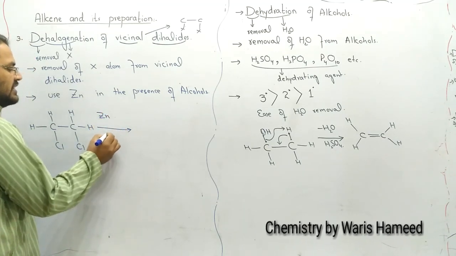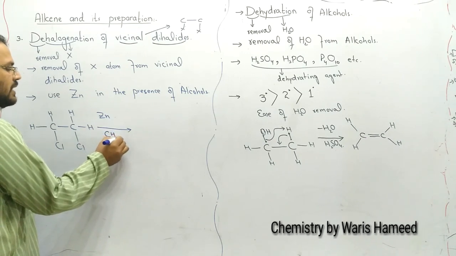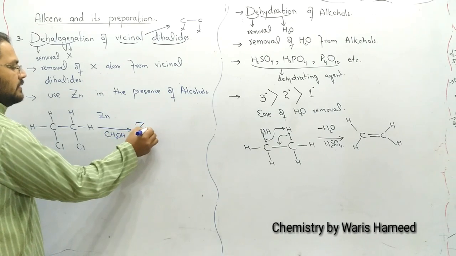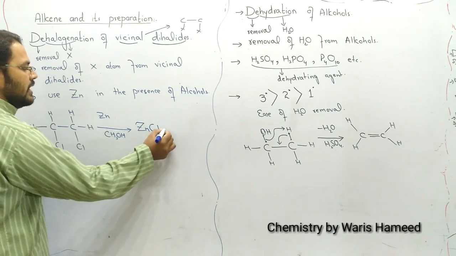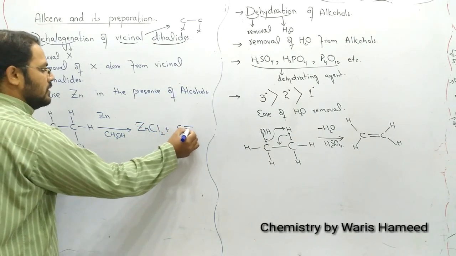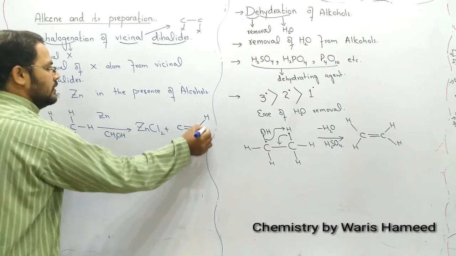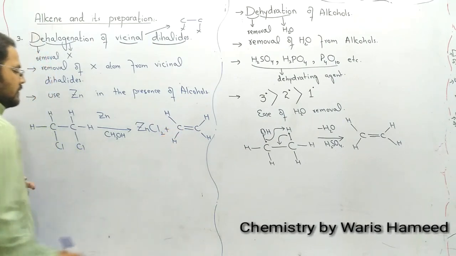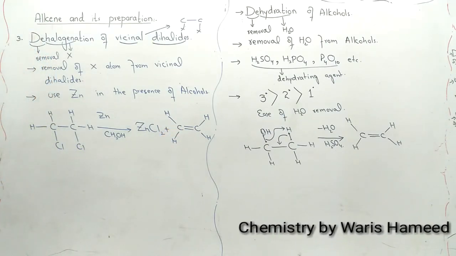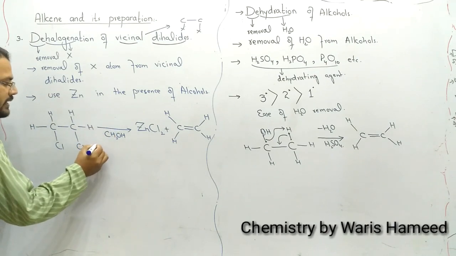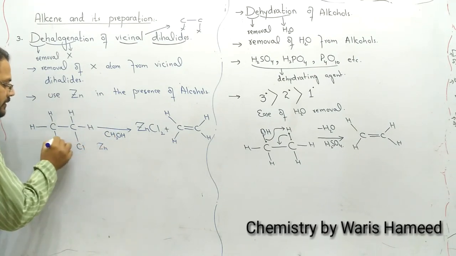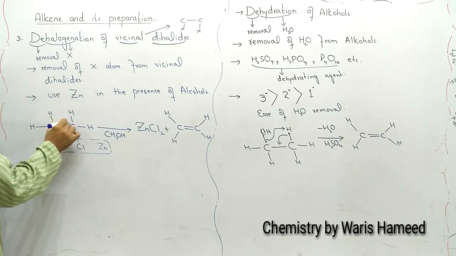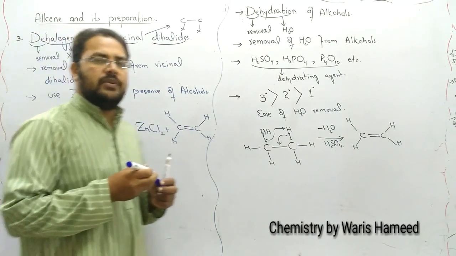Zn will react with the vicinal dihalide in the presence of methanol, and it will form ZnCl2, zinc chloride, and an alkene. That's ethene. You can write it, for your ease, as ZnCl2, and here will be the formation of a double bond for the preparation of the alkene.